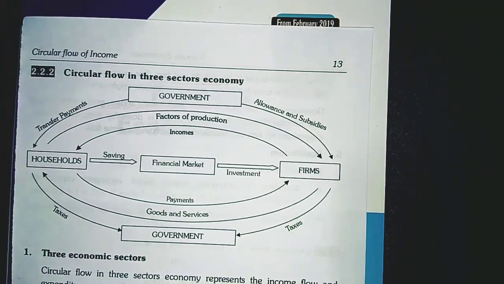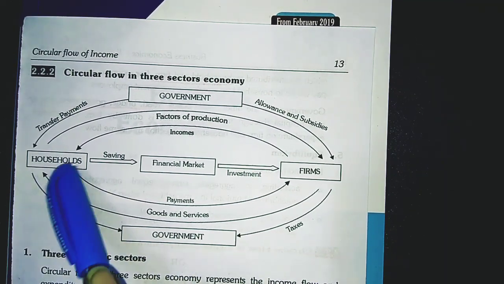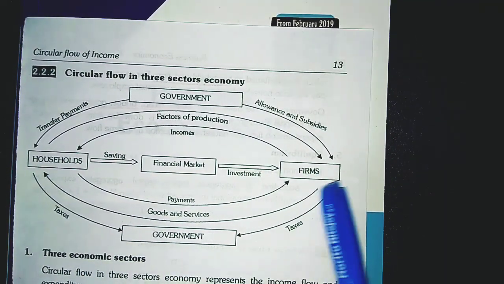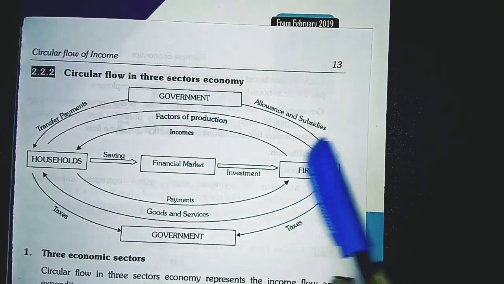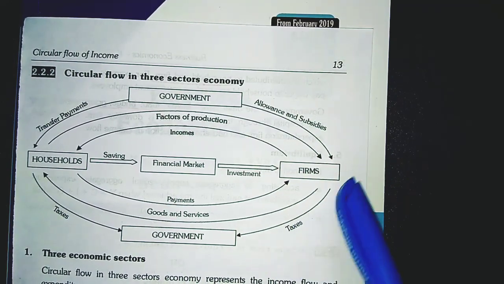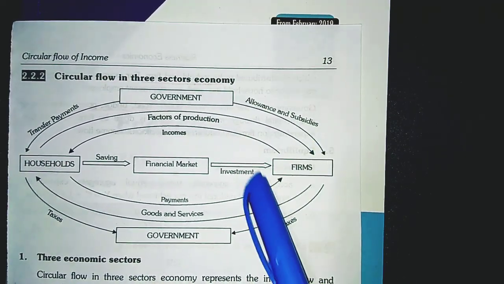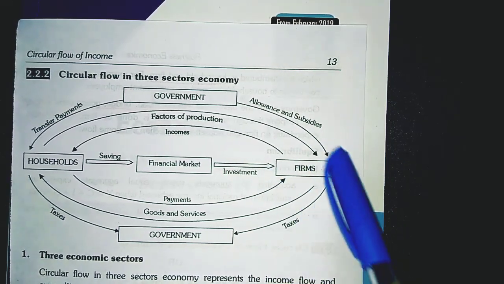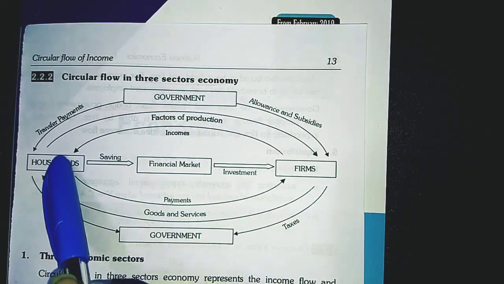Now again go back to the diagram. What we have seen over here, the households provide the factor services to the firms, means they are working in the firm, they are providing their intellectual knowledge or their hard work to the firm and they are getting the wages for that.